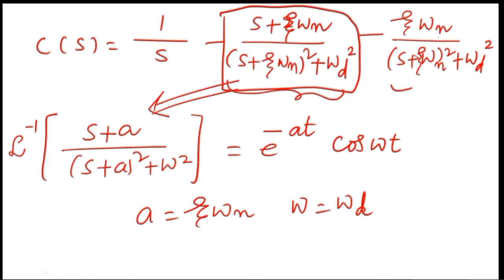Coming to this factor, this is not in the standard form. So you need to convert the second factor into standard form. For that purpose, you multiply this third factor with omega d and divide by omega d.